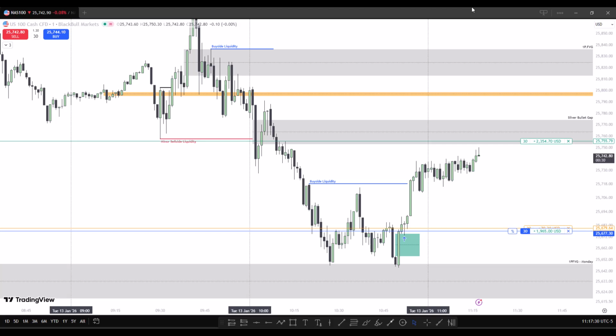Unfortunately for me, what it did ultimately was it retraced back all the way to my stop, not even touching the gap, but stopping right above the gap, pinching my stop if you want to, and then continuing up to target and ultimately delivered the entire market maker buy model that is currently unfolding here.